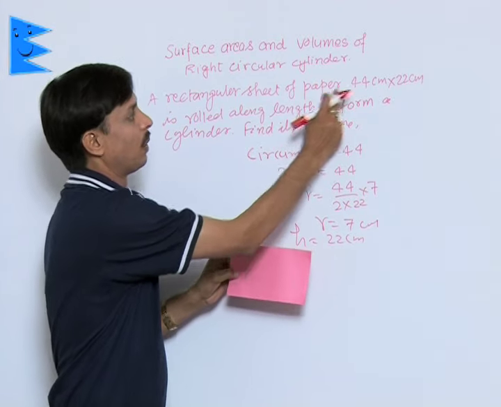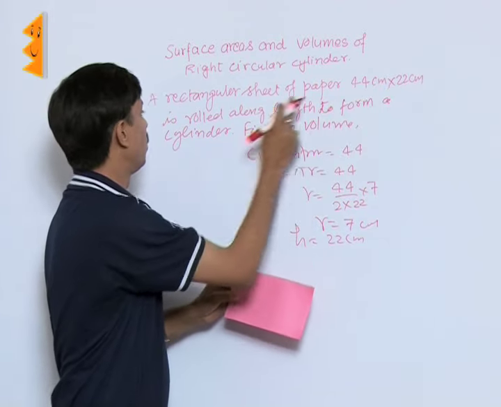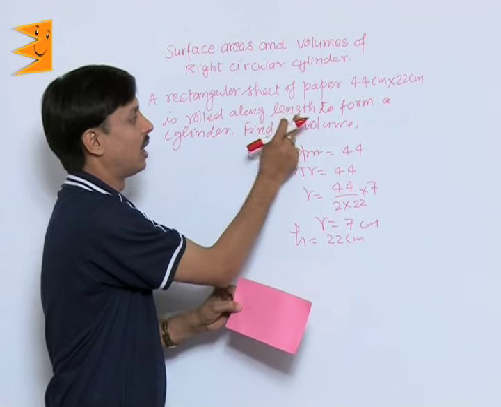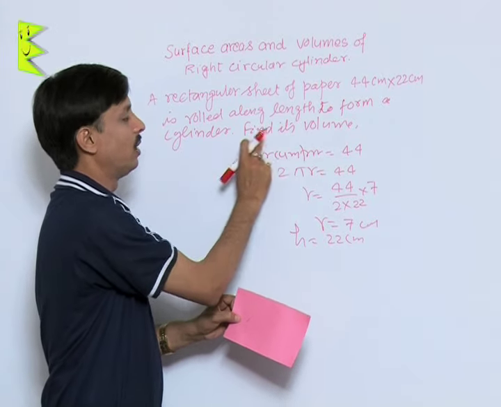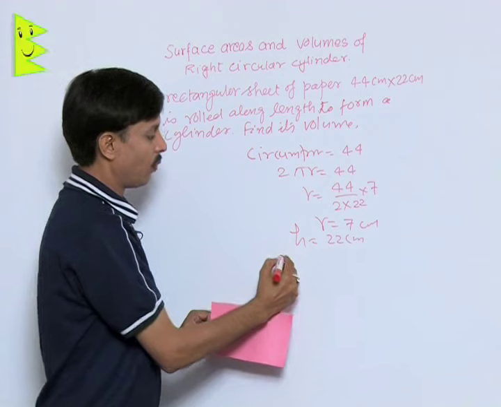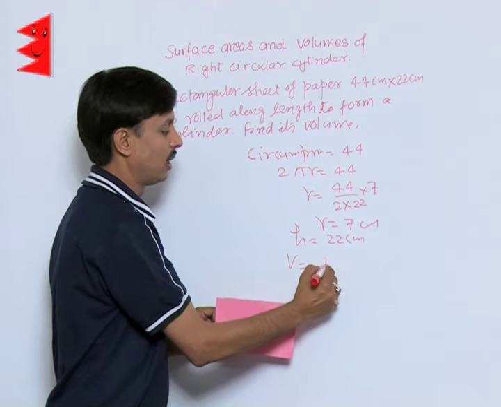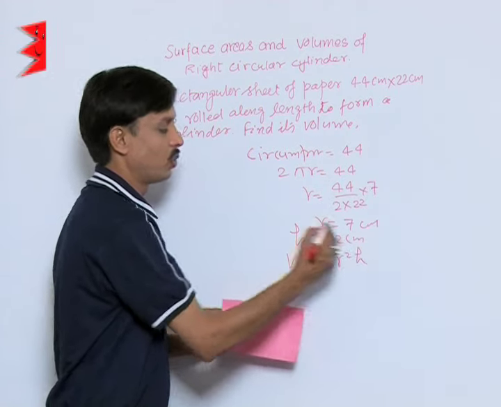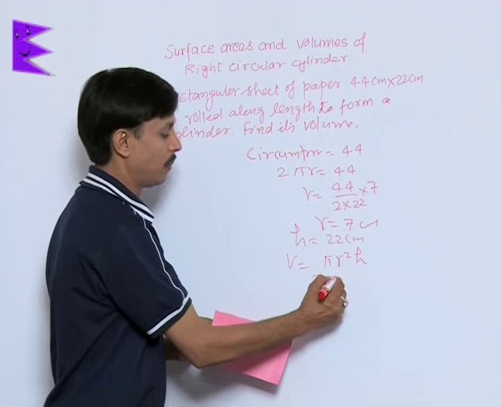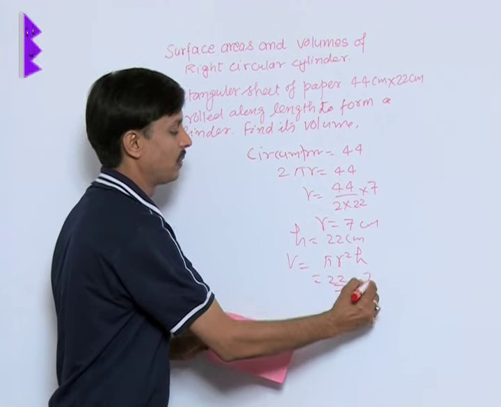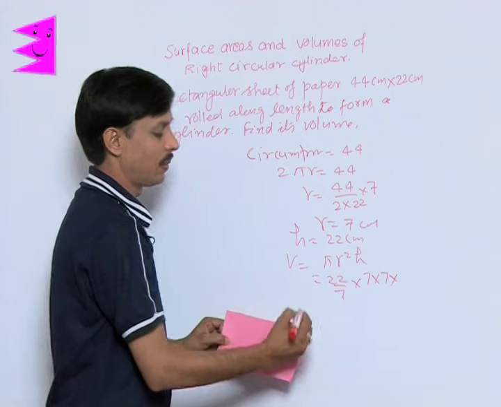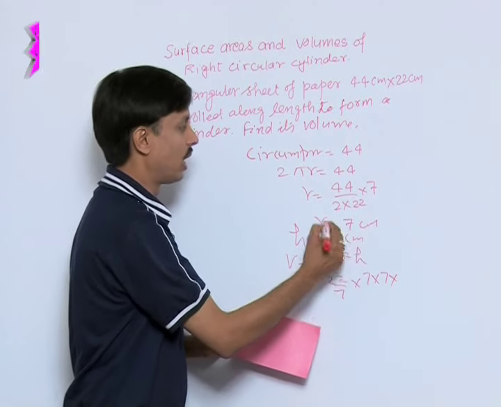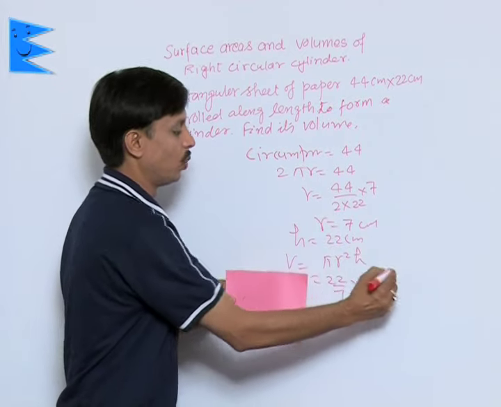A rectangular sheet of paper 44 centimeter long, 22 centimeter wide is rolled along the length to form a cylinder. Find its volume. Volume of cylinder is given by pi r square h. That is pi means 22 by 7, r square means 7 by 7 into height. Height is 22.